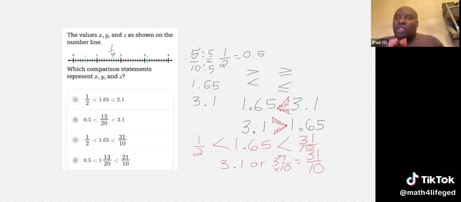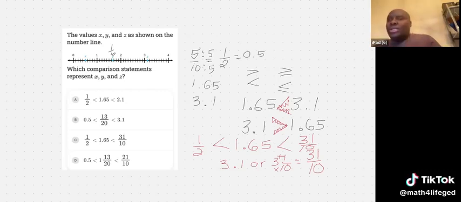Then from 1 to 2, we saw that the y was exactly after 1.6 and 1.7. So if it is in between 6 and 7, it has to be 65, which is halfway.